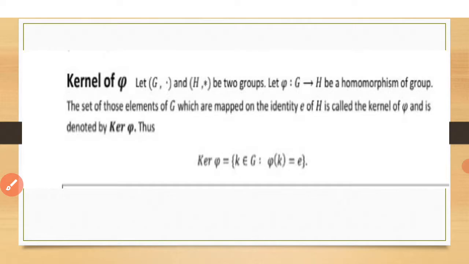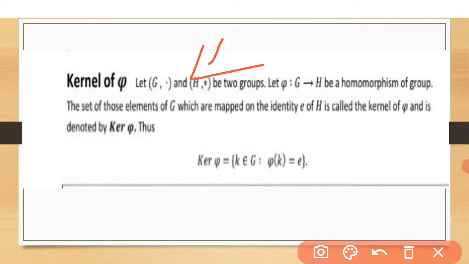Let's see what the kernel of phi is. Let G with operator dot, or multiplication or any other operator, and H with operator star be two groups, and let phi be a mapping from G to H that is a homomorphism of groups.